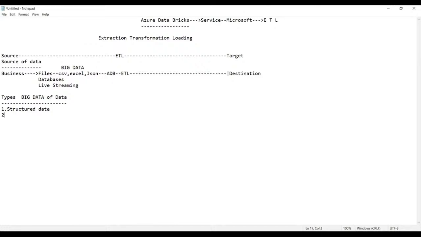The second one is semi-structured data. The third one is unstructured data. Getting my point? Structured data, semi-structured data, and unstructured data. These are the three types of data we have.